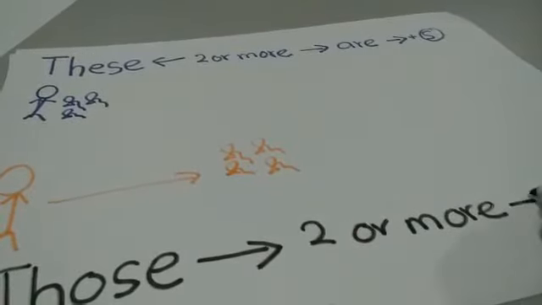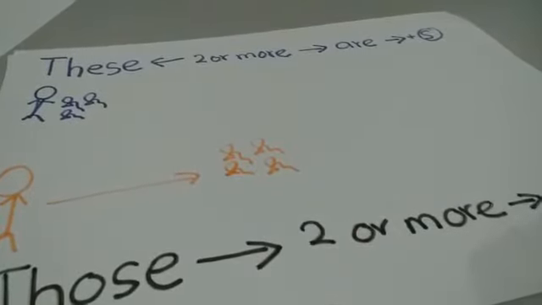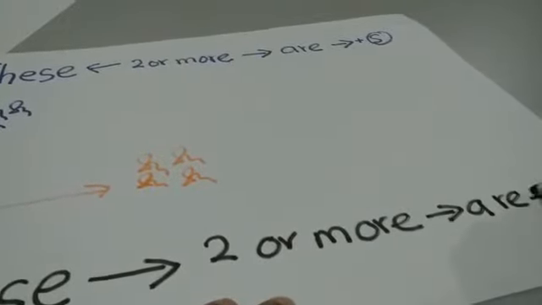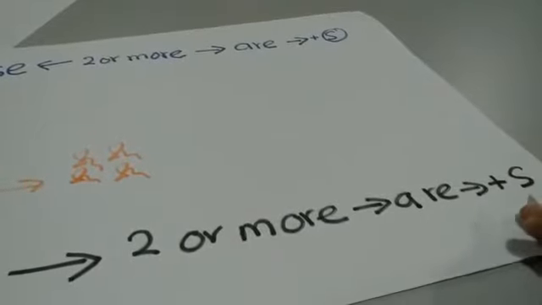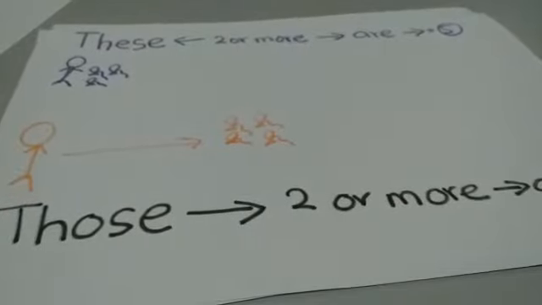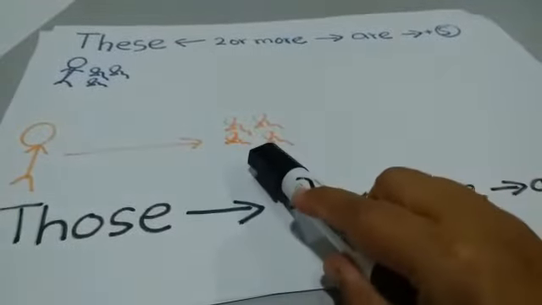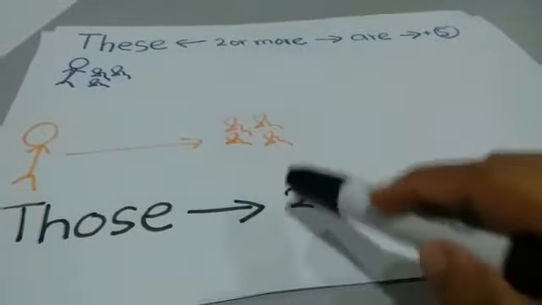You have to use those and you have to add an s. Now you can see from here there is the student and there are 4 balloons. This is more than 2.